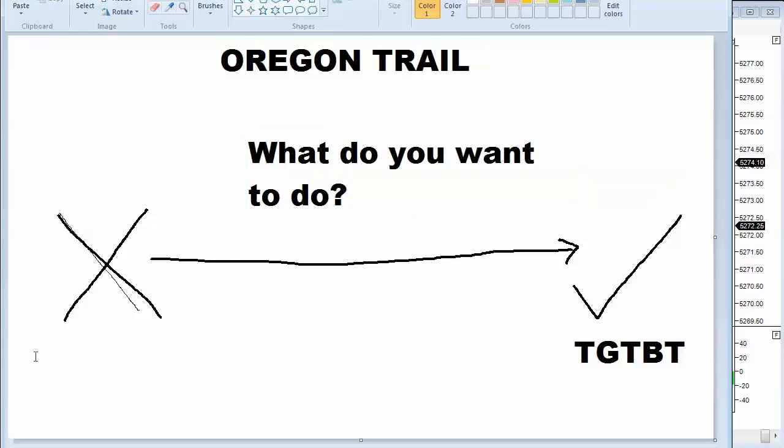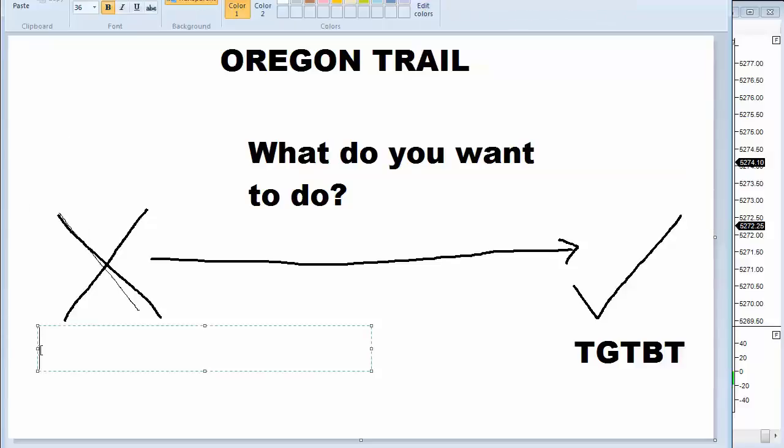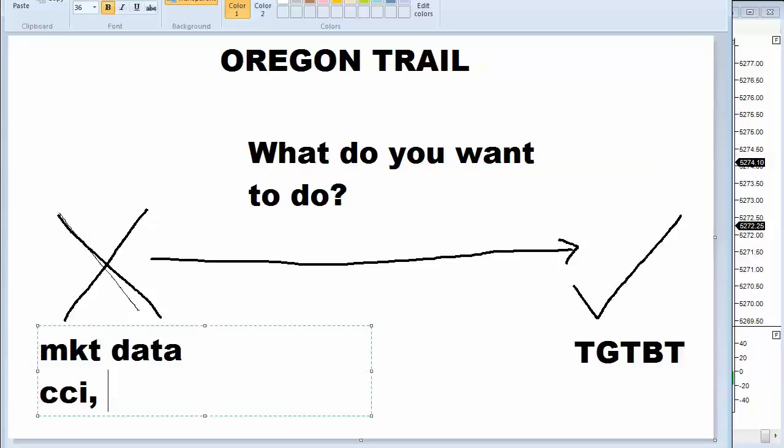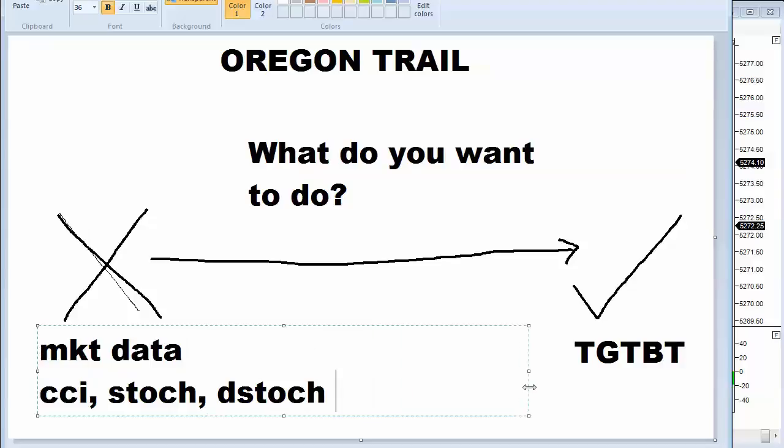And so over here, these are the tools that we have available to us. We have the market data. We have a CCI filter. We have a stochastic filter. We have a double stochastic filter. We have a MACD filter.